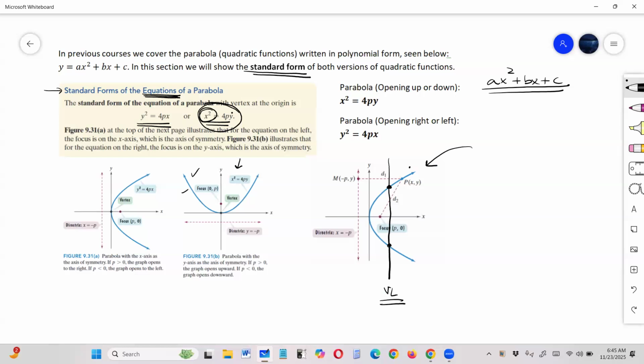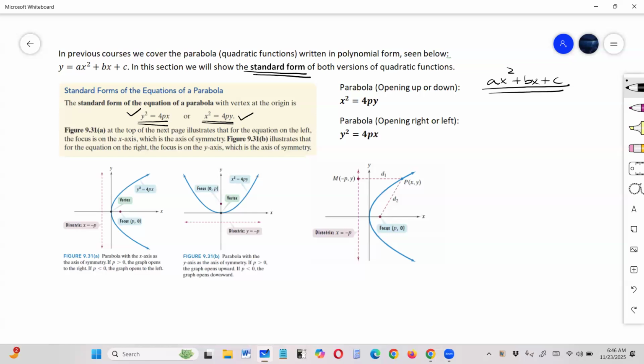If we have a parabola that is x equals y squared, that would be a parabola that opens right or left. Okay. So the first thing that we need to know is this. We need to be able to distinguish the one that opens up or down from the one that opens right or left. Okay. So this one is right or left. This one is up or down.